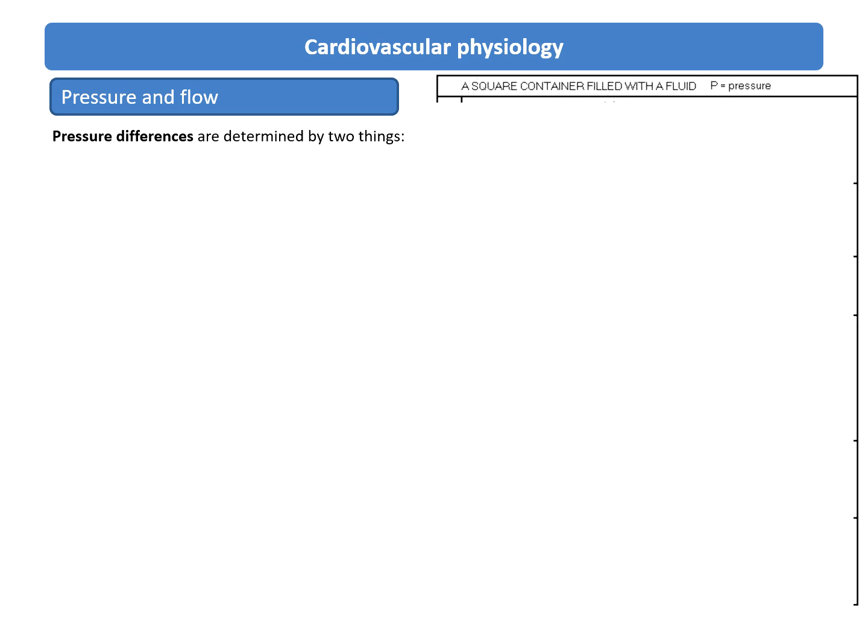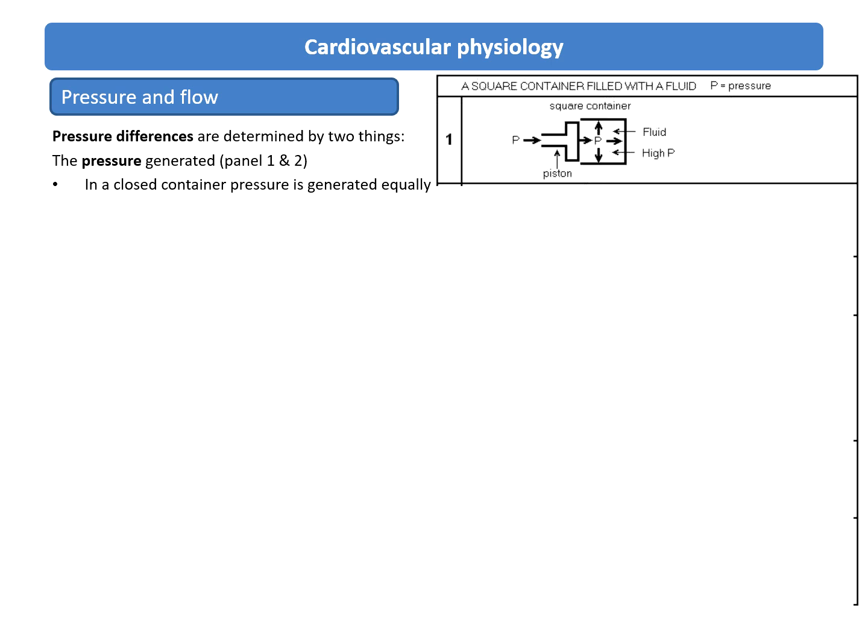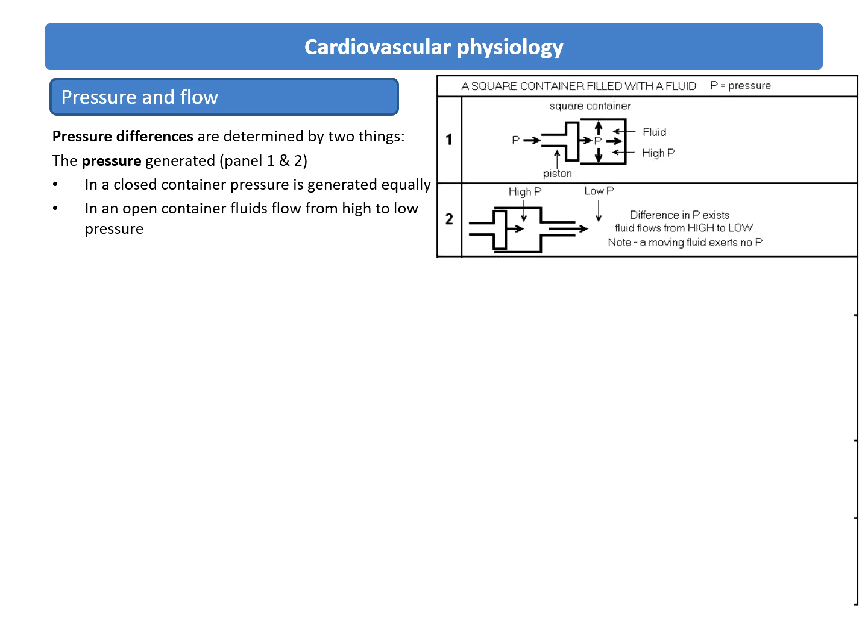Pressure differences are determined by 2 things. One is the pressure that's generated. If you take a closed container, but fit one side of it with a piston, if you push that piston inward with a given pressure, pressure inside will be generated equally on all parts of the walls.